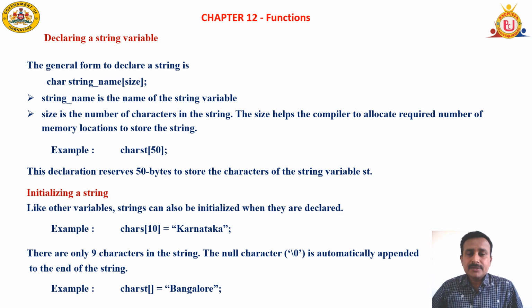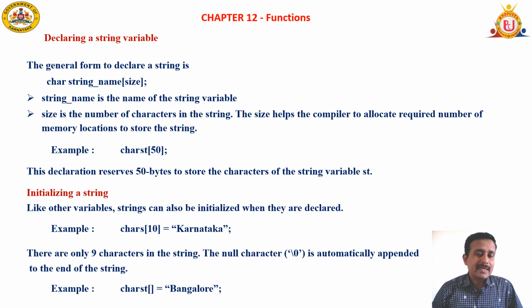Now let's learn how to declare a string variable, how to initialize a string, and how to write a program using string functions. See, first of all, the declaration for a string variable. Char is the data type we have to use. Any name we can give, that is the array name, we can call it the string name.